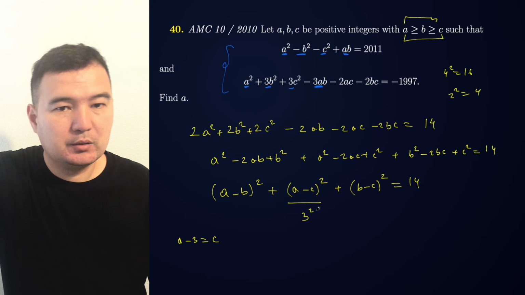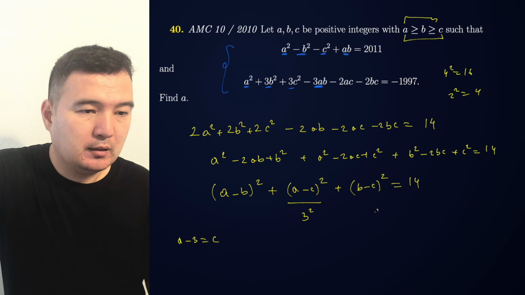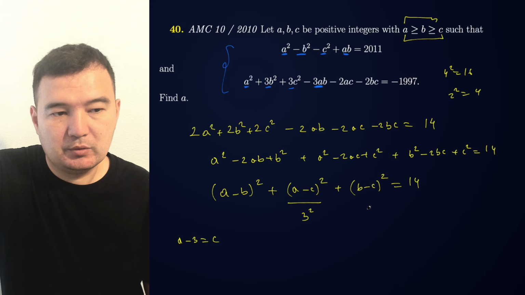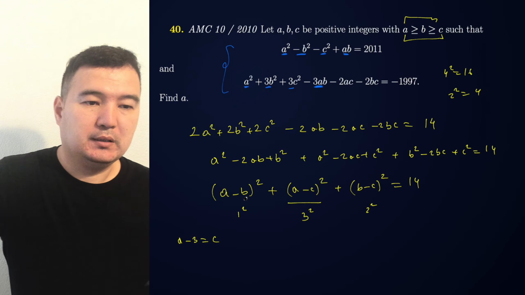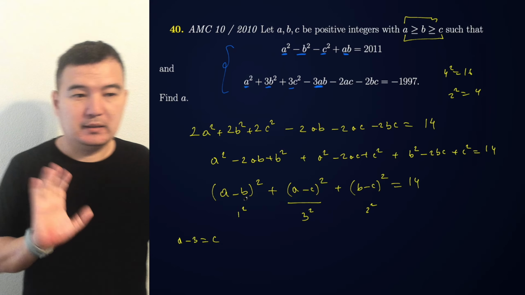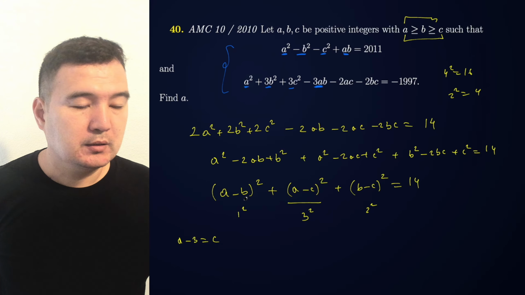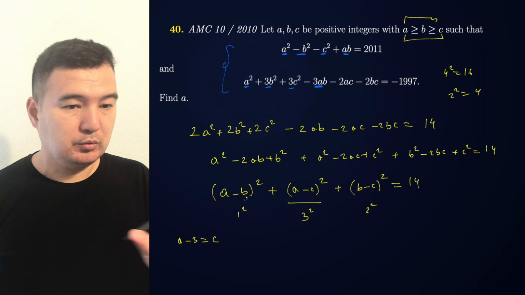It's 4 and 1, right? So one of these two is going to be 2 squared and the other is going to be 1 squared. But it doesn't really matter which, so you could do it the other way.